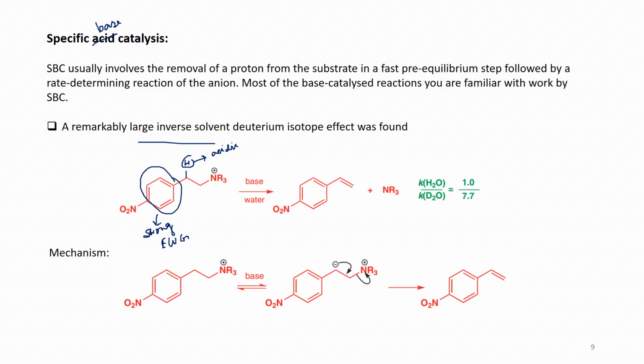Therefore there will be a deprotonation of this proton, forming this carbanion intermediate, and this anion comes here and removes the NR3+ from the system. Here it will show a strong inverse kinetic isotope effect.